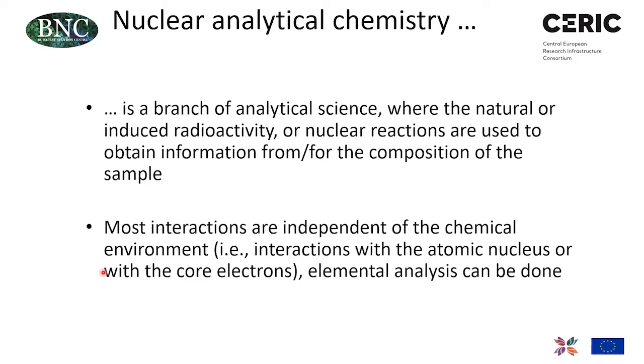So the analytical signals of these methods are completely independent of the chemical environment of the atoms. We just count the atomic nuclei and we don't care about the chemical bonds. That's why it is applicable to element analysis.